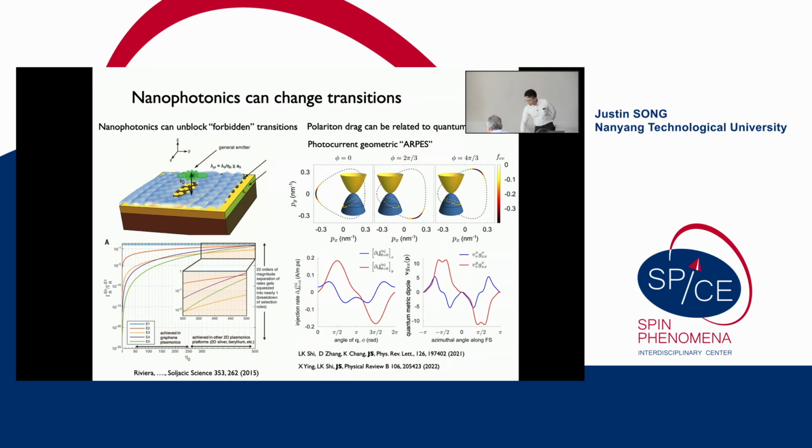One other thing that can happen is that you can use the finite momentum of light or polariton to do drag. Here, this is a proposal from our group, whereby we say that we have to have both energy and momentum conservation with the polariton coming in.